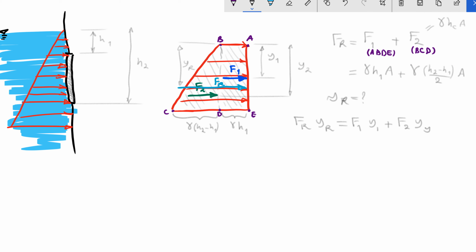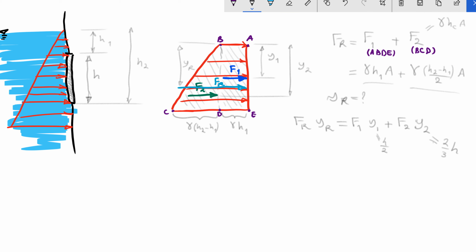I already know what F1 is, what F2 is, and we know Y1. Let's write this distance as H, because I don't want to repeat H1 and H2. So Y1 is going to be half of H, and Y2 is going to be 2/3 of H. Why?